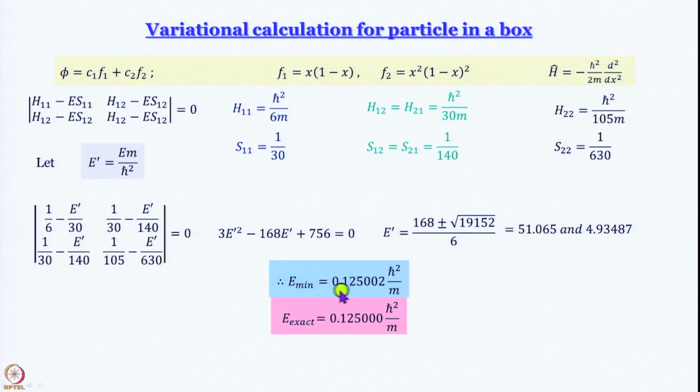Then we wrote this in terms of h cross square by m and compared this minimum value of energy with the exact value of energy that we got earlier, and we see the agreement is really good. If you go to the 6th place of decimal, there is a difference between the calculated minimum value of energy and the exact value of energy that we got earlier.